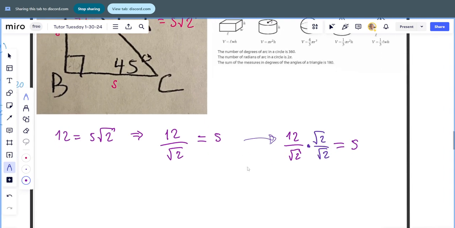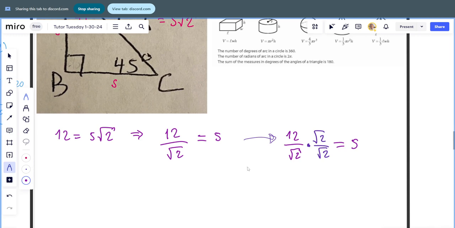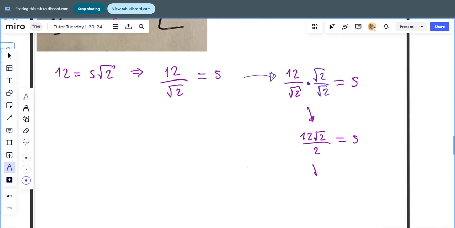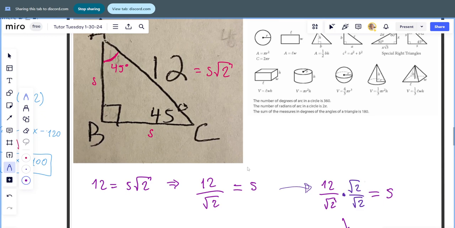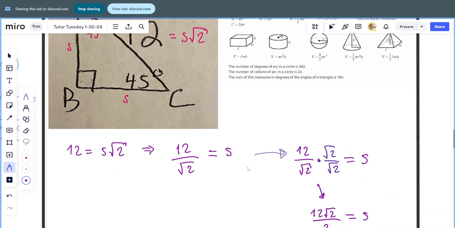It doesn't actually change the numerical value, it just changes the form of the answer. So that'll then simplify to 12 root 2 over 2, because a square root times a square root cancels out, equals S. Or finally, S is equal to 6 square root of 2. So each of the sides here is 6 root 2, and the hypotenuse is 12.